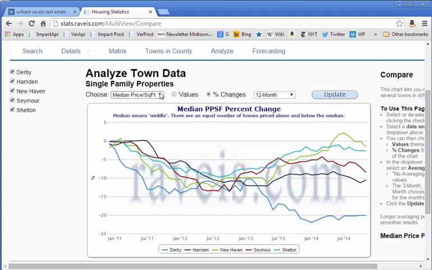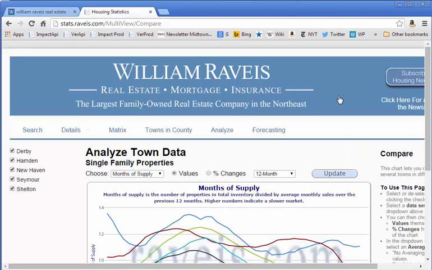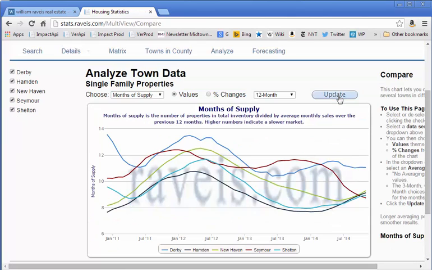Looking forward, if we're considering buying in one of these towns, we may want to look at what months of supply is, because if months of supply is a high value, that's an indicator that market conditions favor buyers, whereas if months of supply is lower, in other words, supply is very tight, that's considered to be favorable for sellers.